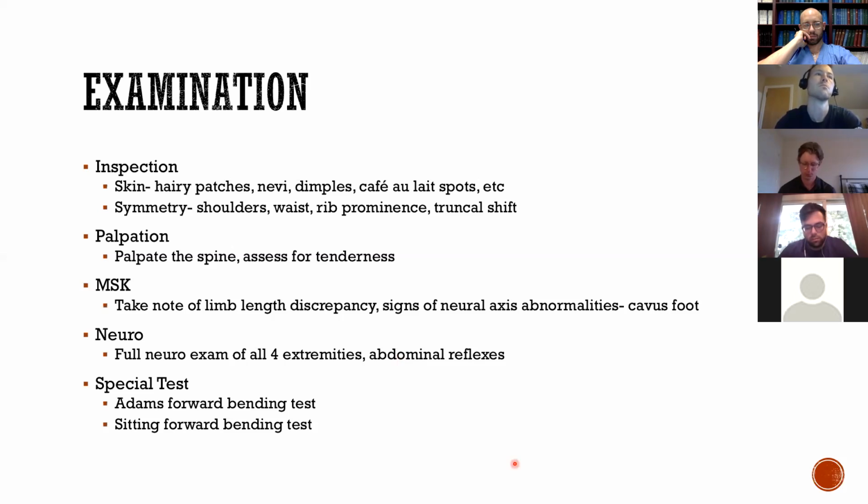You need to get a full neuro exam, make sure that they're strong, that they have good feeling, that there are no deficits, as well as, and one thing to note in scoliosis, the abdominal reflexes. Testing for abdominal reflexes is kind of fun if you're into that kind of thing. You tickle the abdomen on both sides of the midline, and you note whether they're symmetrical or not.